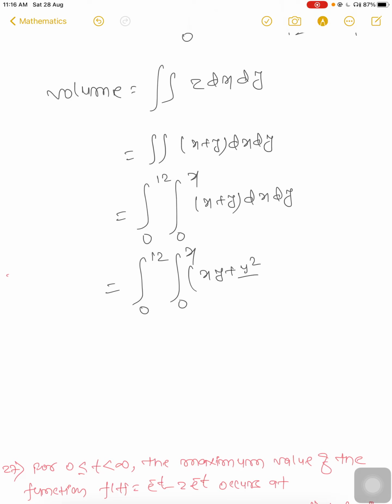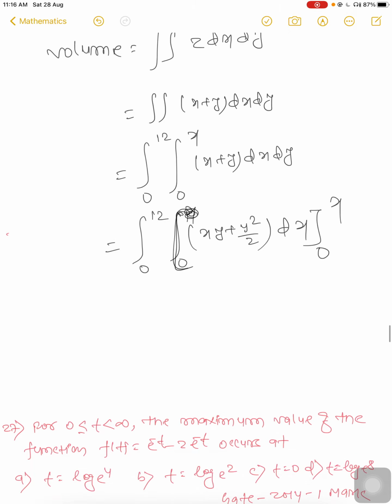So integrating y gives xy plus y square by 2, dx, and then the limit changes. Then here 0 to x, and when we put 0 to x, what will happen?